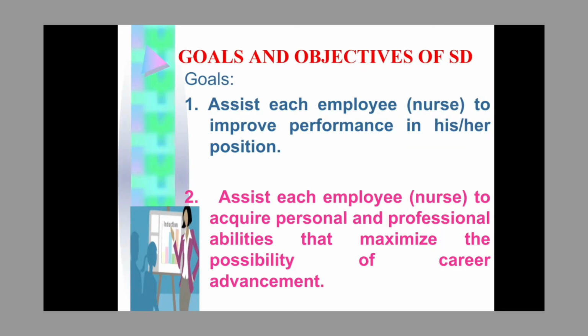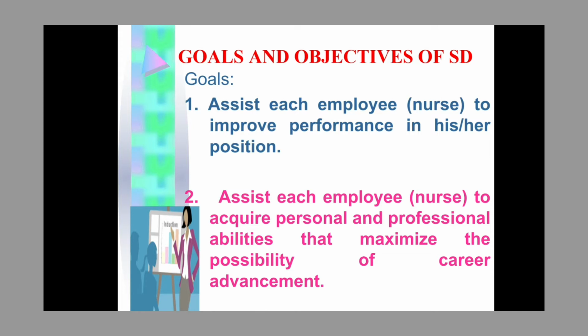Then what are the goals and objectives of the staff development program? The first one is to assist each employee to improve the performance in her position. For example, for getting a promotion or increment, she also has to improve her performance.